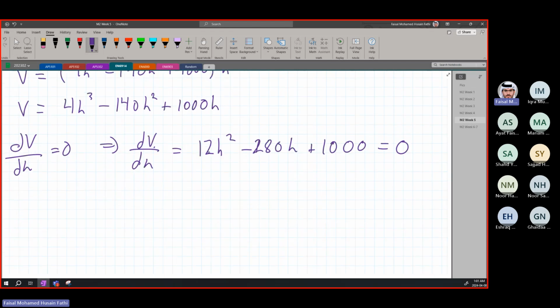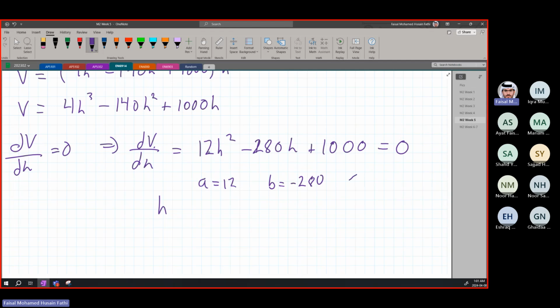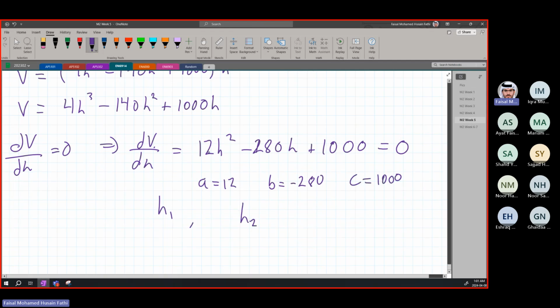Using mode 5.3, we have a quadratic equation for H, where A is equal to 12, B is equal to minus 280, and C is equal to 1000. So H1 is going to give you a number, H2 is going to give you a negative number, or the opposite way around, or you will reject it. Let's just do it really quickly. Mode 5.3, 12, minus 280, 1000.